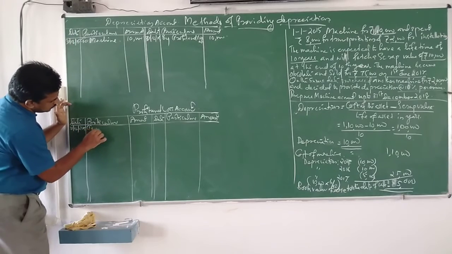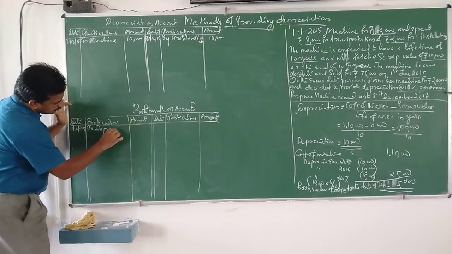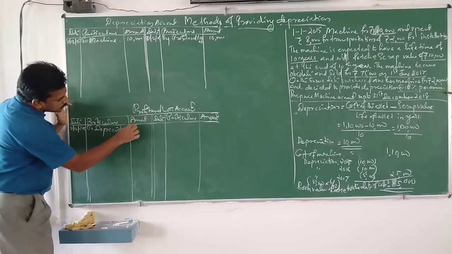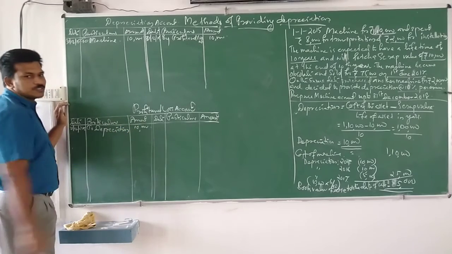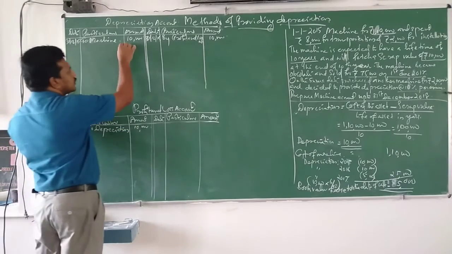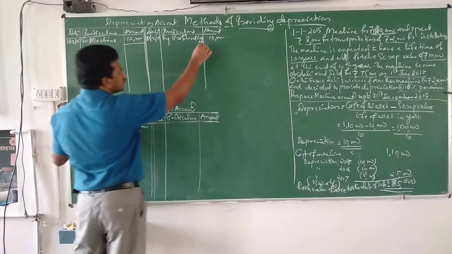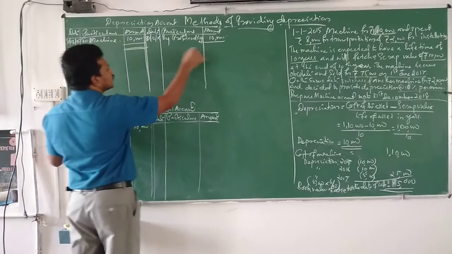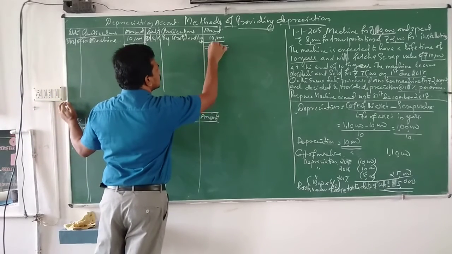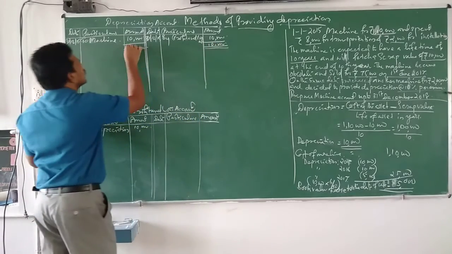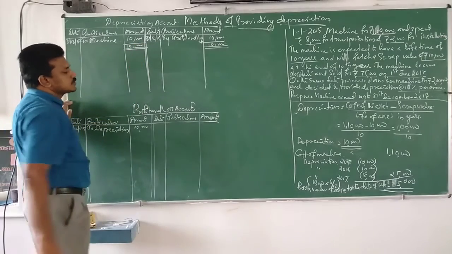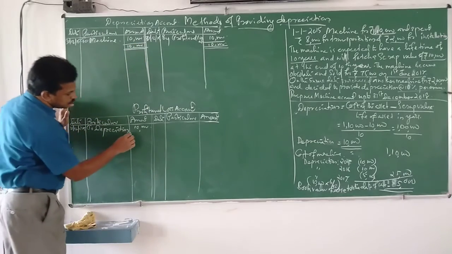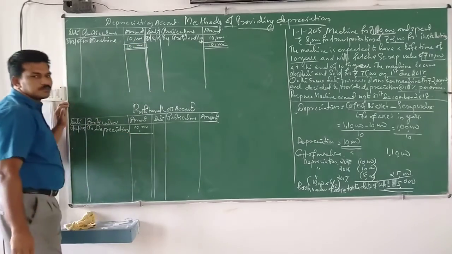How much? 10,000. So this account can be closed. We can close that, 10,000, no balance. Here also we are closing.